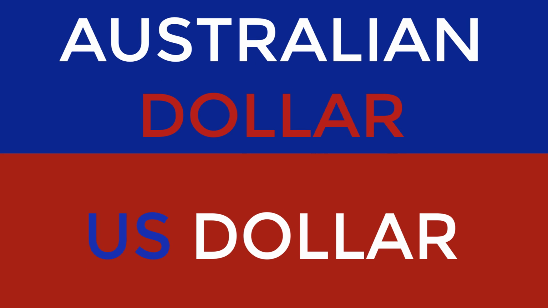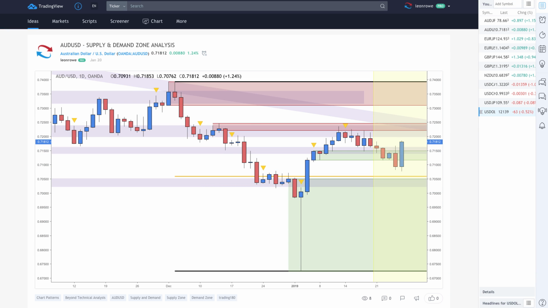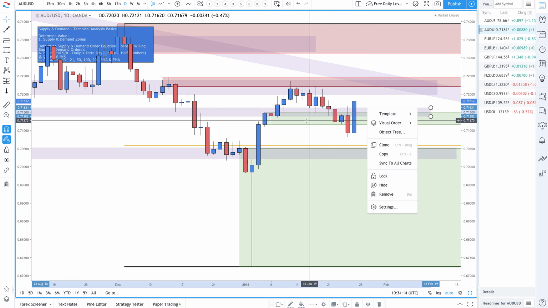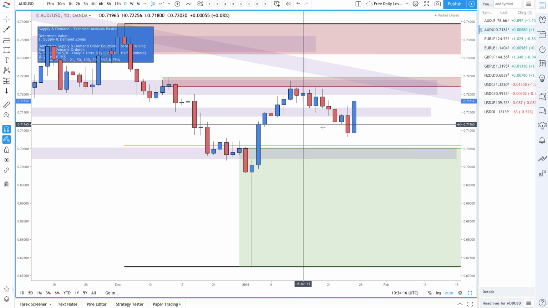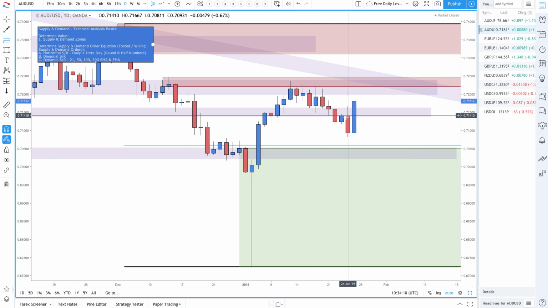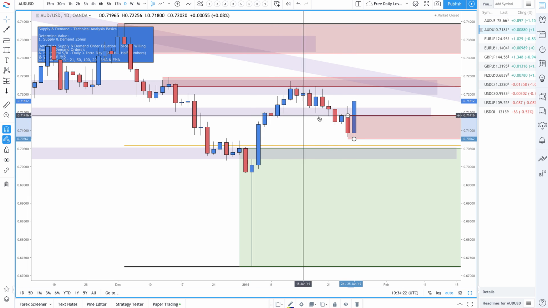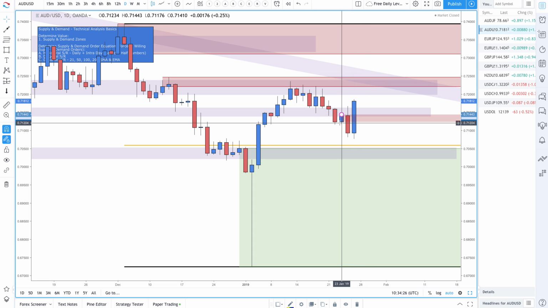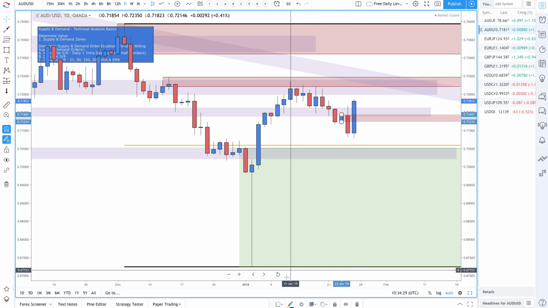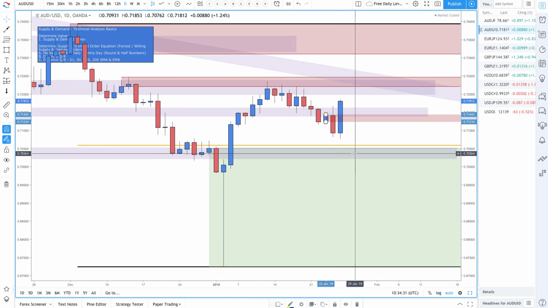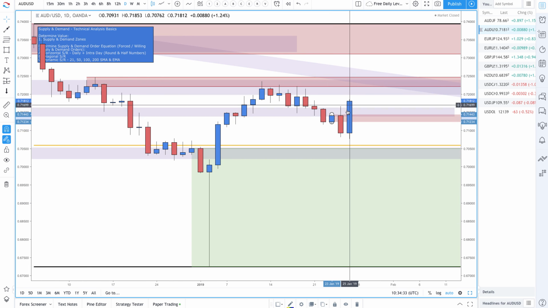So if we go to the charts, clean this up a little bit. What we've got is some demand here, right? And again, for any of you that have taken the course in real time, that would have been a supply zone, and then we've taken out supply.